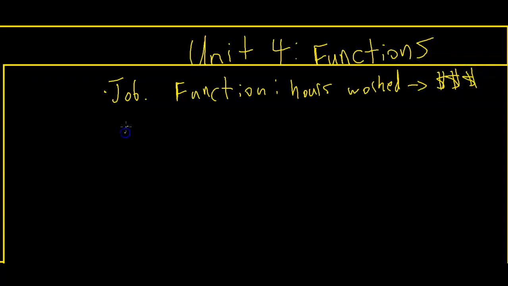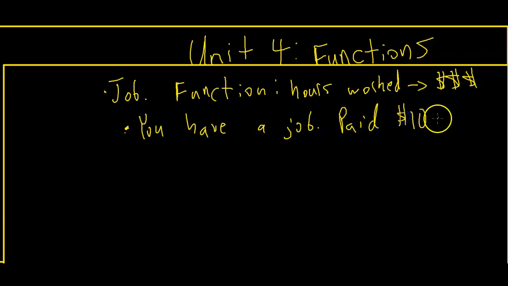So let's say you have a job, and let's say you're paid $10 an hour. You're paid $10 per hour. So your paycheck is a function of the hours you work.